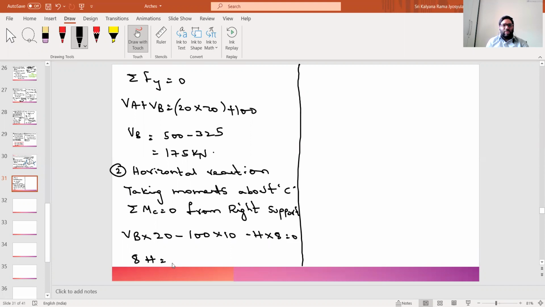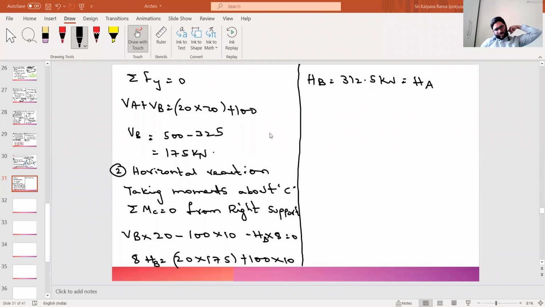So 8H is equal to 20 into 175 plus 100 into 10. So which means HB, when we substitute the values, is equal to 312.5 kilonewton, which is also equal to HA. Okay, that is how we calculate the reactions.